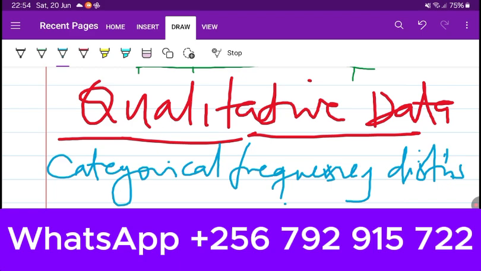So we use what we call categorical frequency distribution for the qualitative data. What we do is place specific categories, such as the nominal. You remember the levels of data measurement. So here we are going to find the nominal and ordinal levels of data.